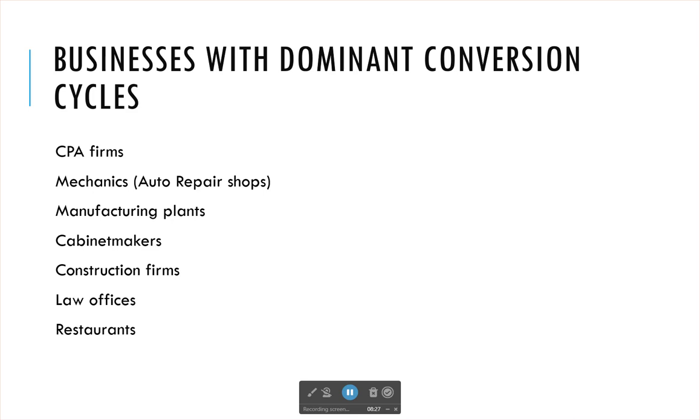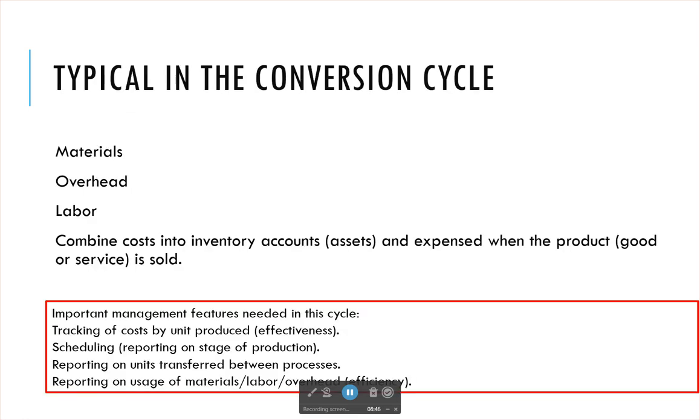But this is a conversion cycle, so you need to start thinking about those as being conversion cycle, mainly because you're creating. Anything in which you create or make something that didn't exist before is conversion. That's really what makes the restaurant's conversion cycle. Typically in the conversion cycle, you have materials which are being used, and we talk about these as direct materials, and raw materials as something in a crude form that gets converted.